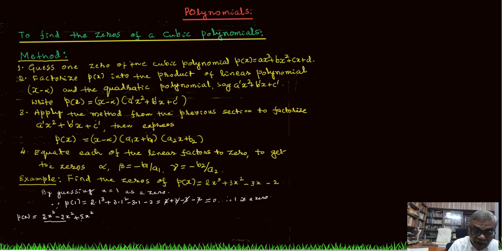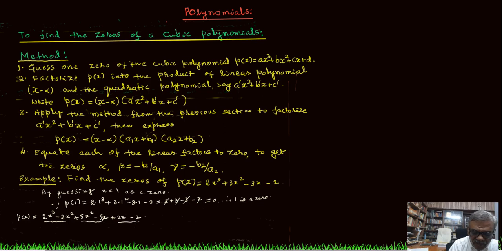So we can add 3 to 2, so that 5x² − 5x. But here in the polynomial −3x is there, so add 2x − 2 it is going to be.